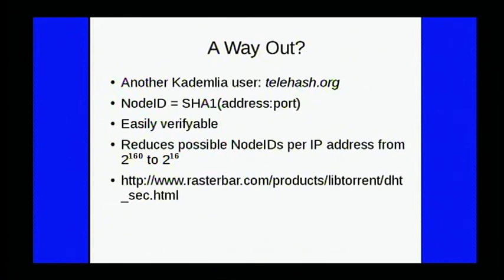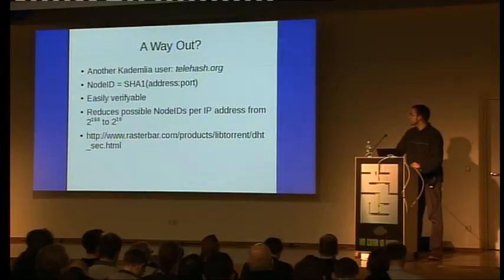And by using IP address and port, or maybe only the IP address, the possible node IDs per IP are reduced drastically. And it's much less likely that you can hash one of your IP addresses or ports to immediate neighbors or popular info hashes.